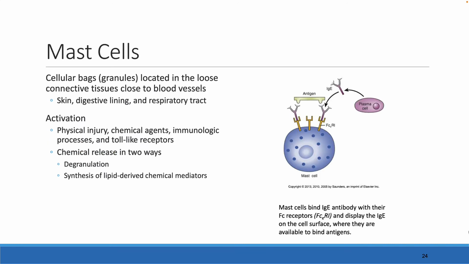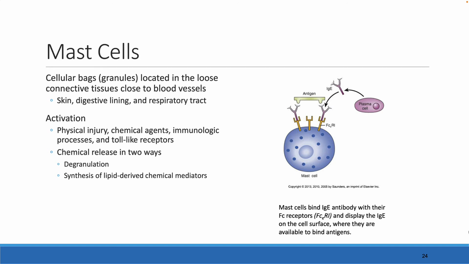Mast cells, we alluded to earlier, they are the things that contain these granules that are filled with histamine, and those bags or granules get released during the inflammatory process. So the mast cell activation happens from physical injury, chemical injury, immunologic processes, from these toll-like receptors that are picked up.